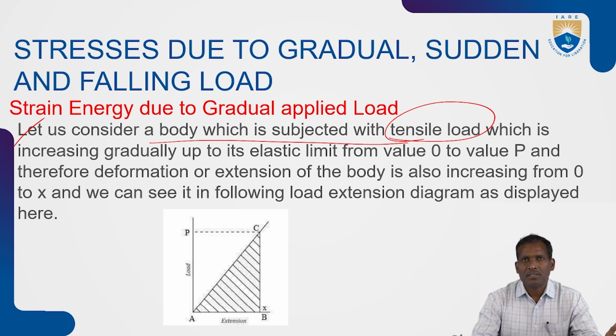You know, in the stress strain diagram, we have seen the elastic limit. In this limit, there is a relationship between the stress and strain: the stress is directly proportional to strain.